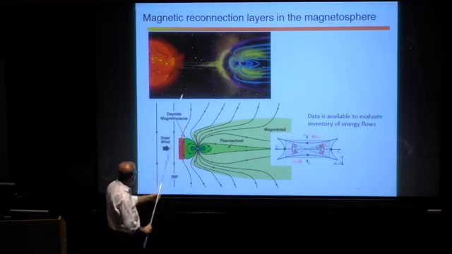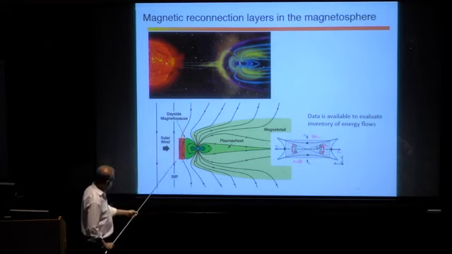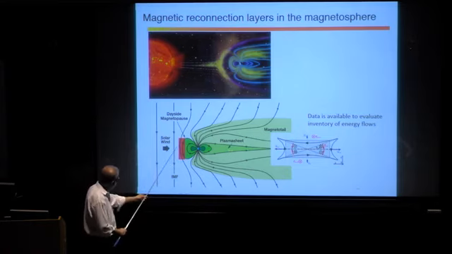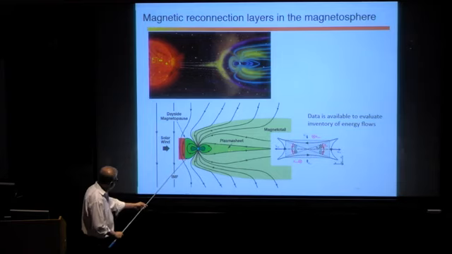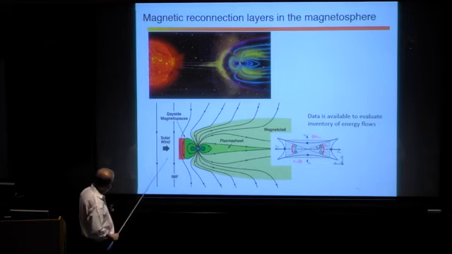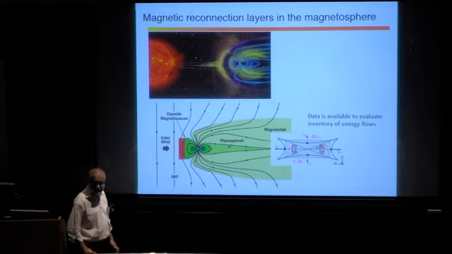If you abstract it down to a cartoon, the solar wind comes. This is the Earth's dipole field, going from magnetic north to south. And if you have a solar wind, often referred to as an interplanetary magnetic field, that points southward, then you could have reconnection occurring between the field that points upward and the field that is pointing downwards.